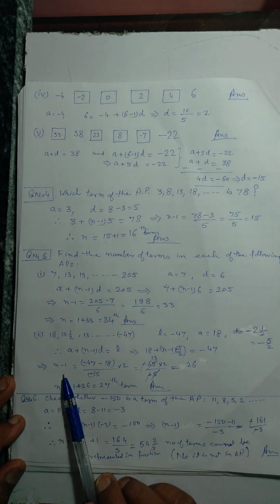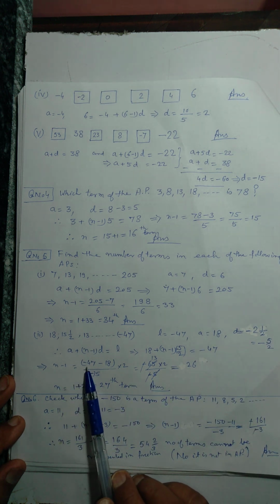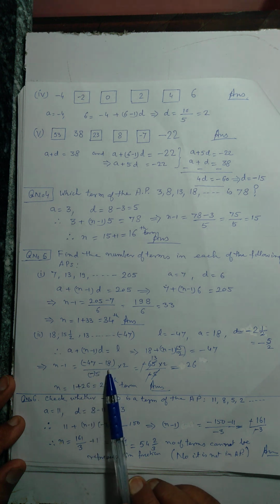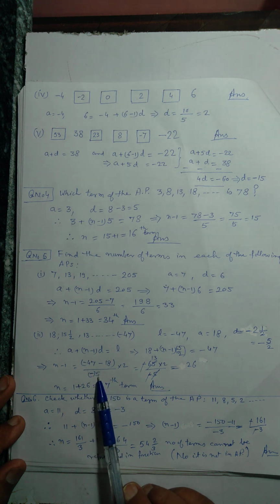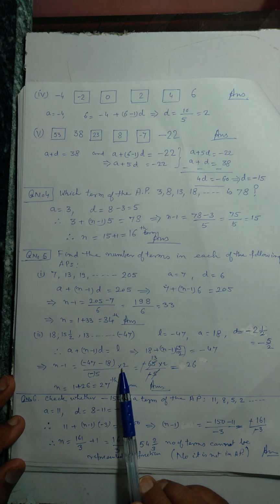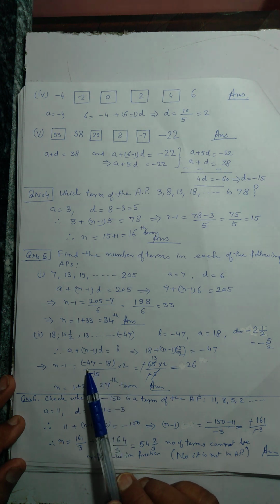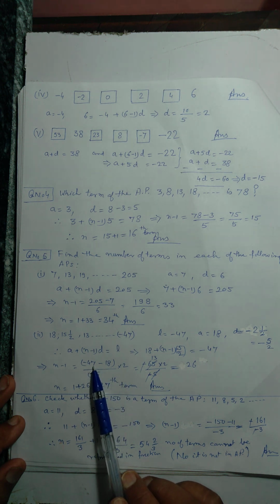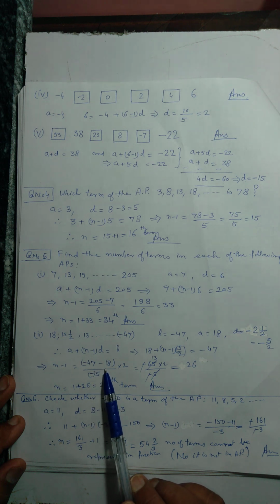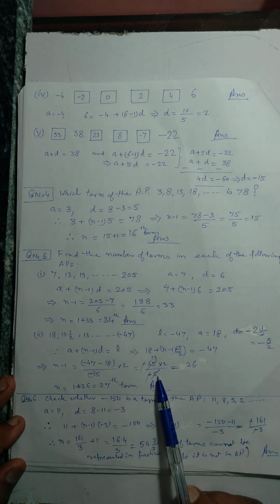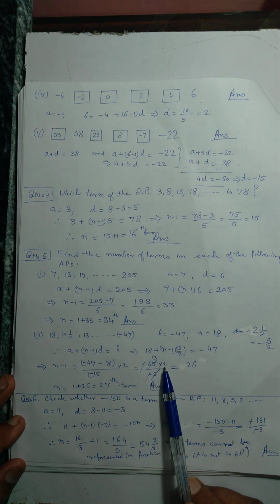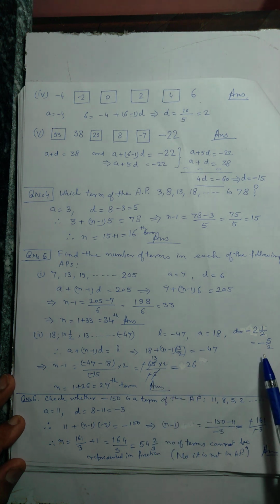You see, n minus 1 will be equal to (minus 47 minus 18) whole divided by minus 5 by 2. You solve it: minus 47 minus 18, that will become minus 65, divided by minus 5 by 2.